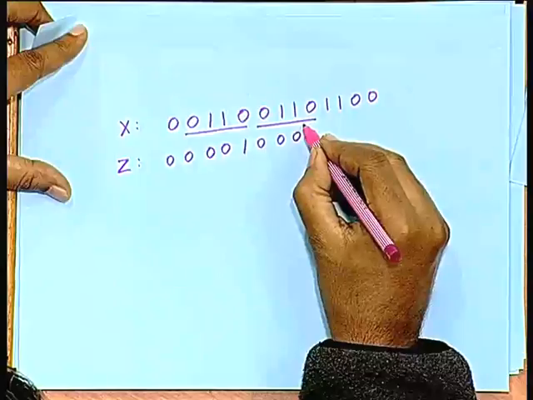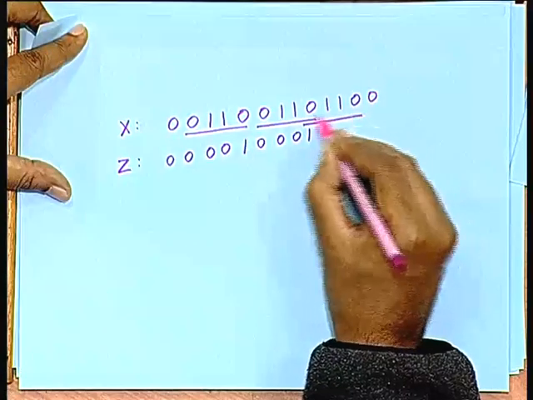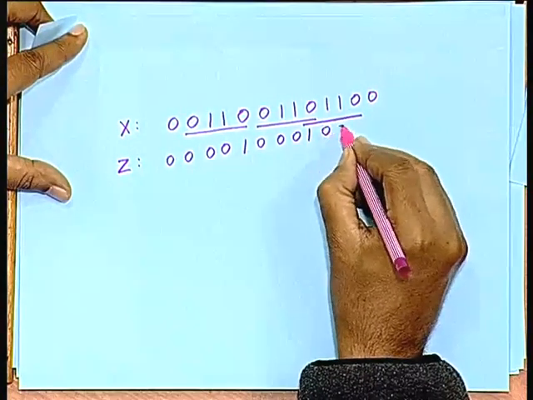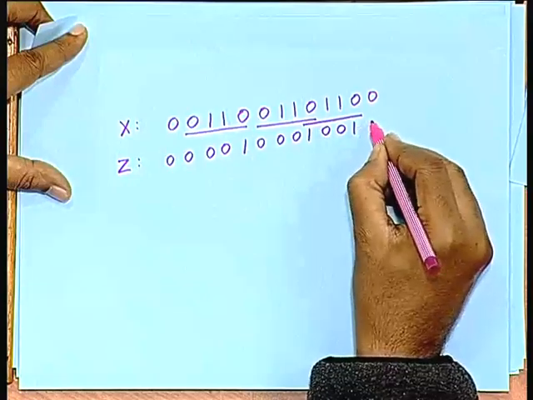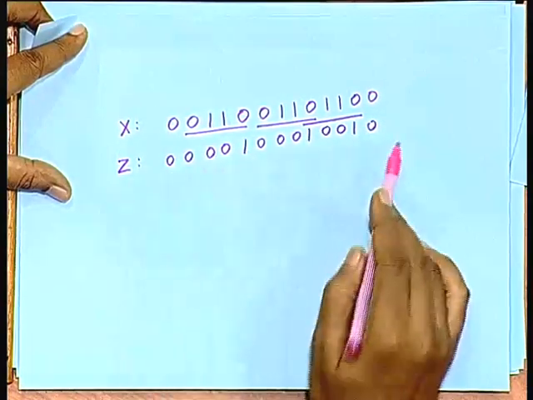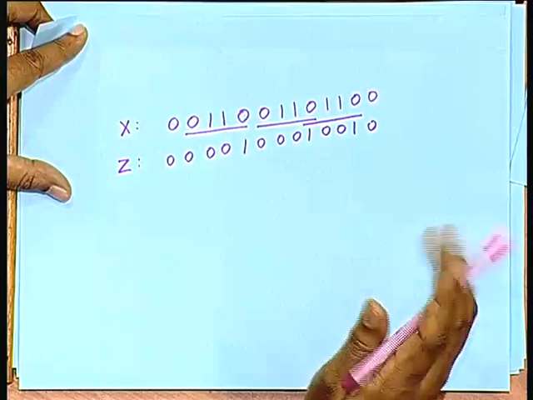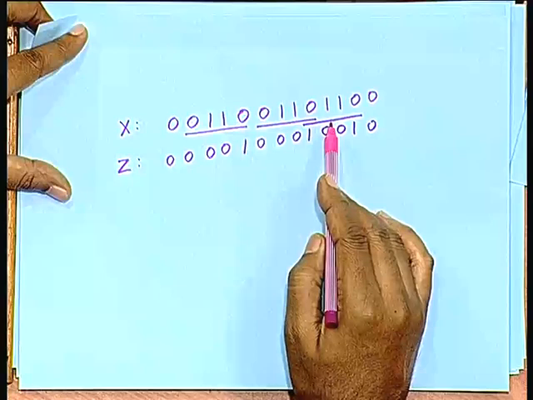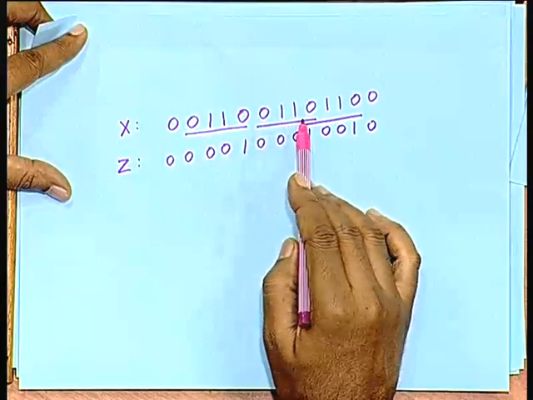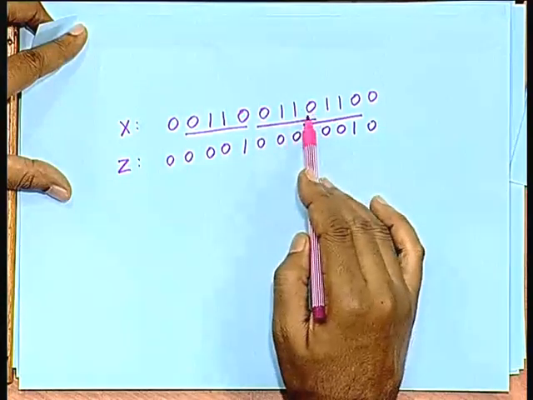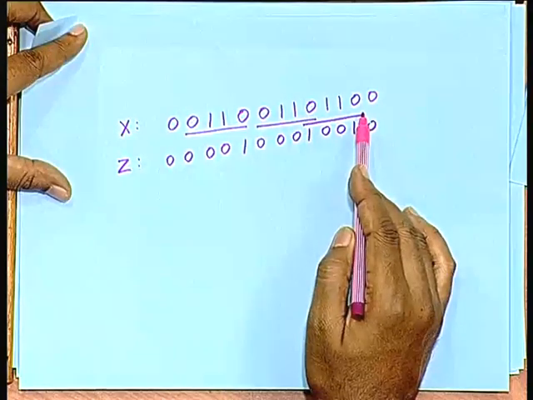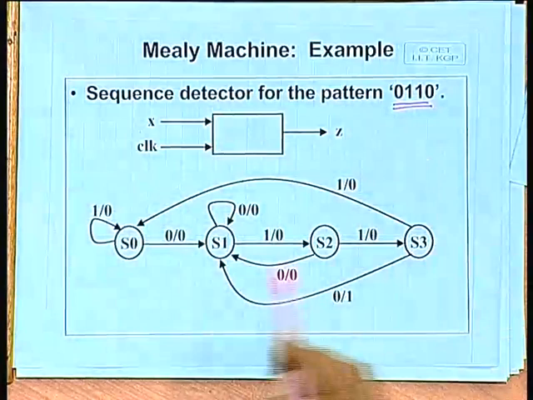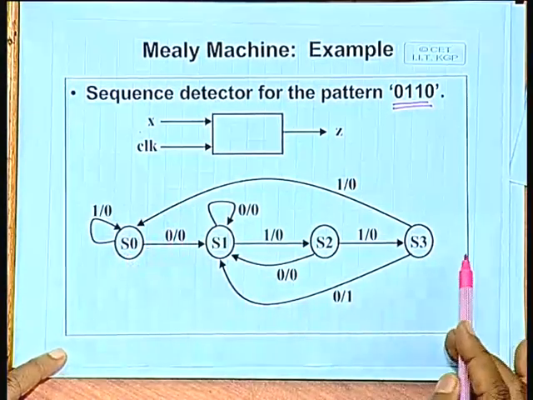So, the third 0 1 1 0 pattern will be this one, overlapping with the previous. So, the third time the pattern will be detected here. This is how we are going to design the machine. The last 0 of the previous pattern can be the start of the next pattern, right. Let us see now. Just look at the state diagram, you will understand.